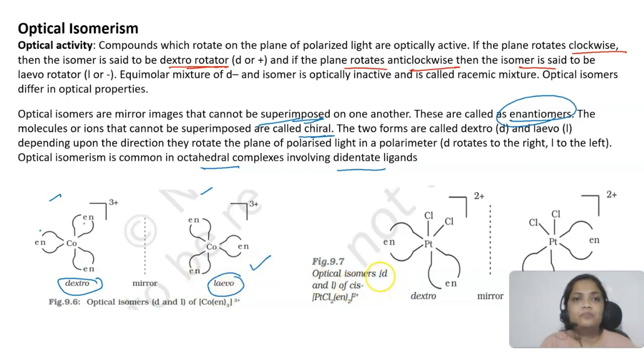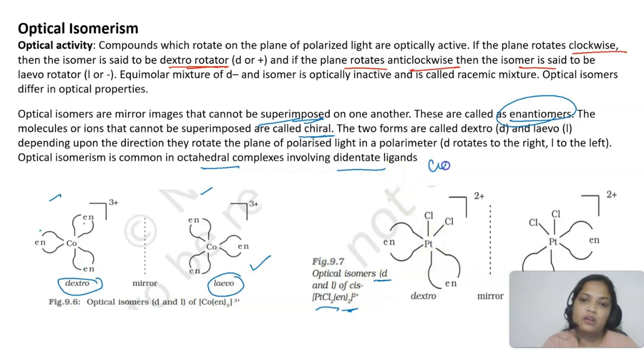In tetrahedral complexes it is not seen, and even in square planar there is a plane of symmetry, and because of the plane of symmetry there is no chirality. So there will not be any optical isomerism. Here you can see the optical isomer of cis-[PtCl2(en)2].